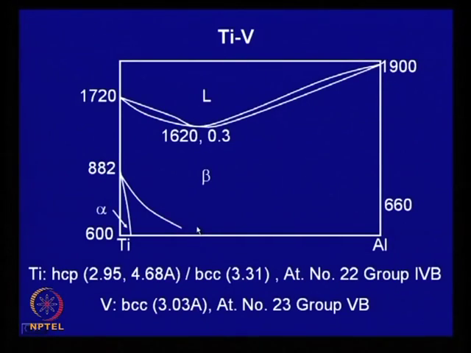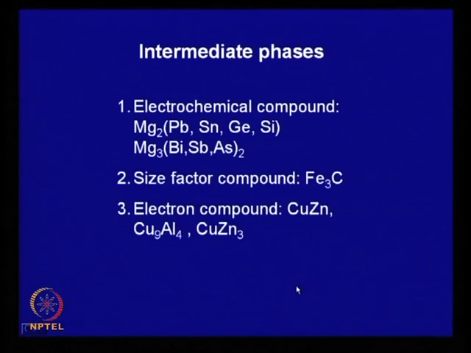If you want to bring down the hot working temperature, you may have to add an element like vanadium. There may be similar other elements also which will stabilize that beta phase, and this is a typical diagram of a titanium vanadium alloy.